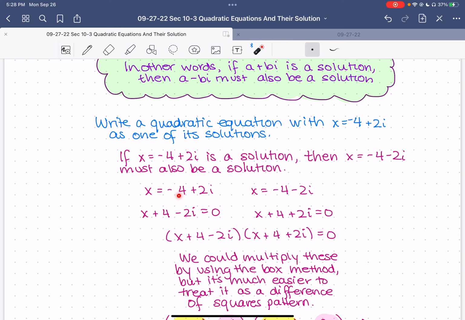So I add 4, subtract 2i, and add 4 and add 2i, and I get these. And then these are my factors.